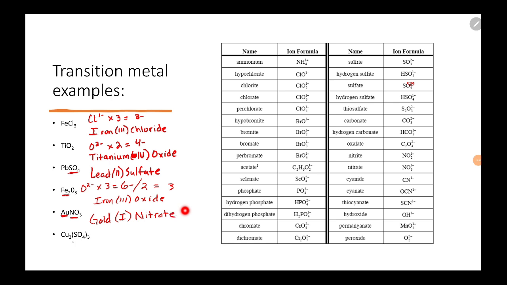Our final example here is Cu2(SO4)3, and this is a good amalgamation of all of it, a kind of harder example. We would look for SO4 first to figure out that SO4 typically comes with a 2- charge.